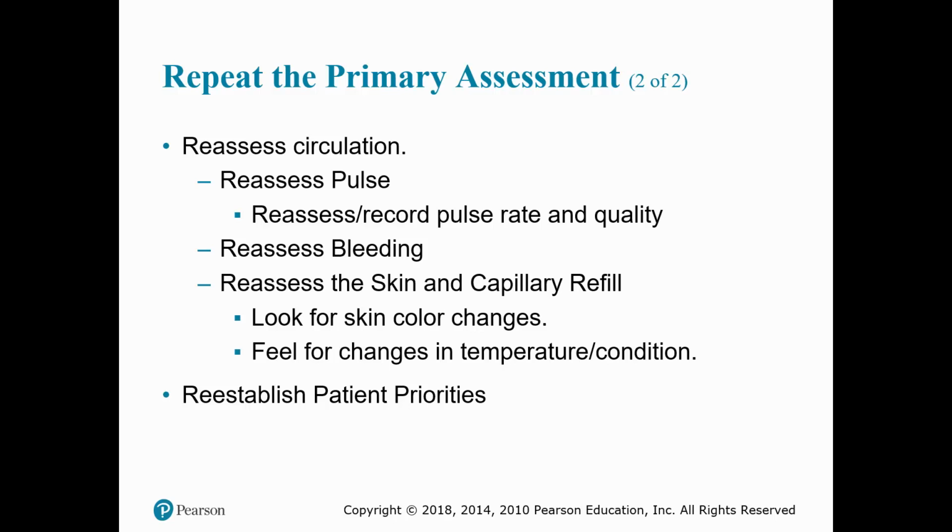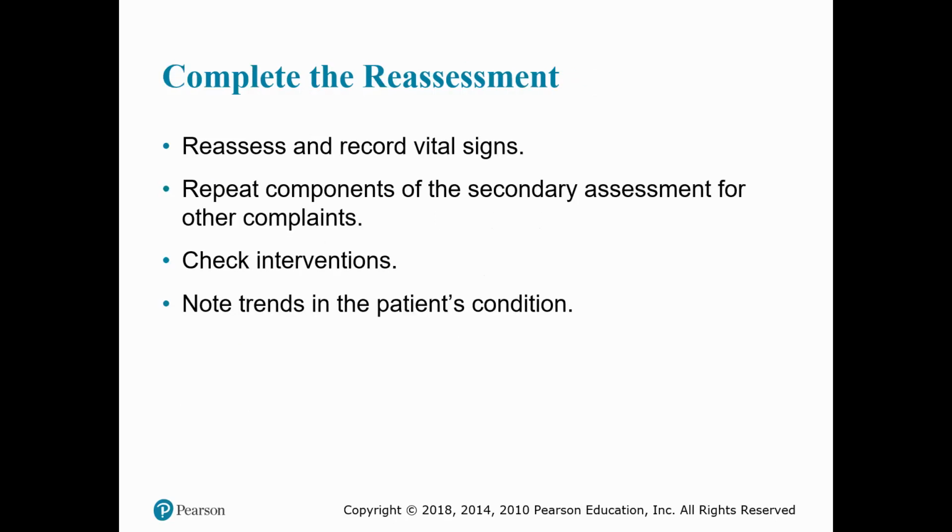Reassess the breathing rate and quality, pulse rate and quality, perfusion status, pupils, blood pressure, and SpO2. Record those vital signs and the time they were taken. That way you have a basis of what point in the encounter they were taken at. If the patient begins to complain of a symptom that was not initially identified or there's a change in the original symptom, complete the relevant components of the secondary assessment.